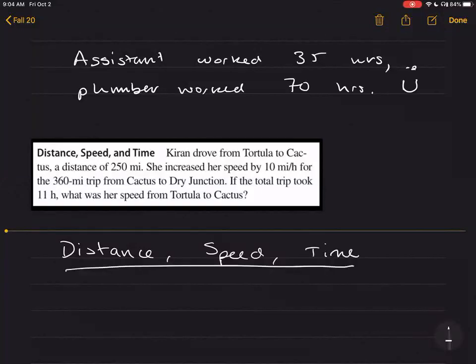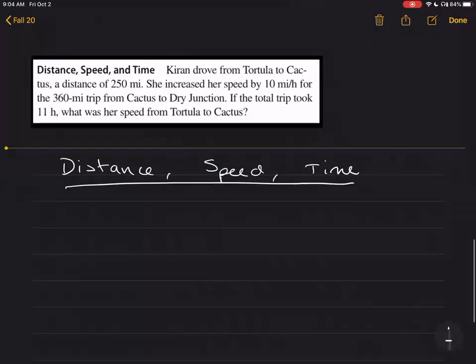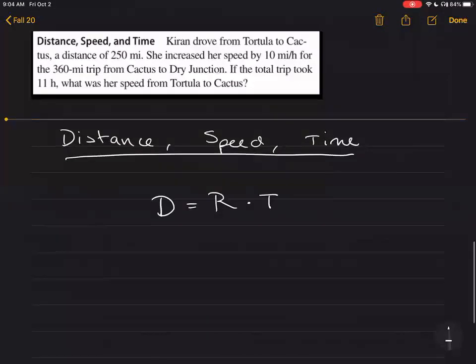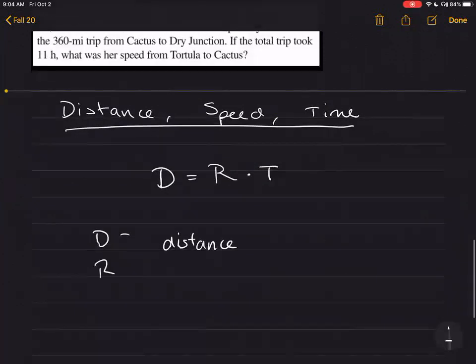Now, the main key thing about distance, speed, and time problems, kind of similar to simple interest problems, is they have a formula that you can use. It looks like D equals R times T, where D is distance, R is rate, so speed, and T is time.